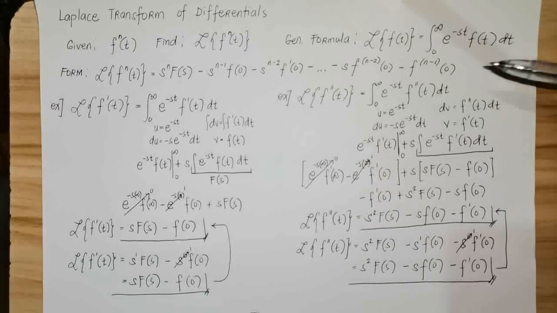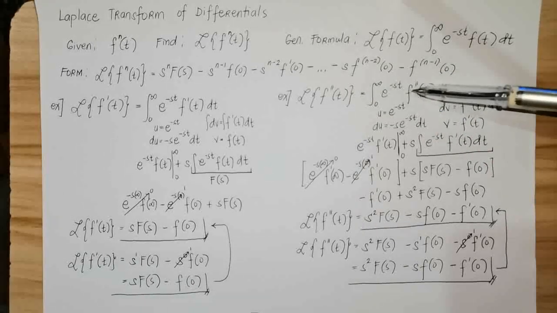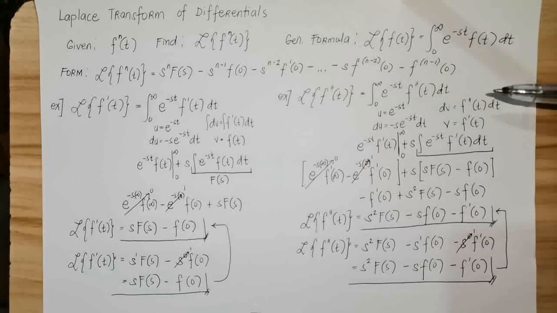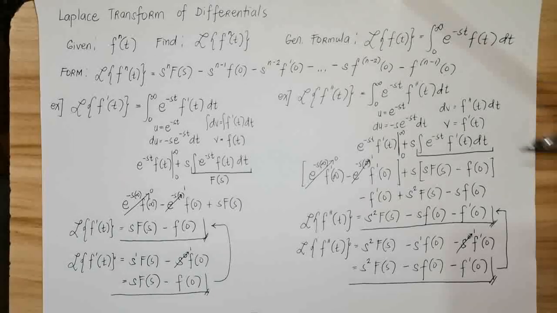So again, you may solve this using the long method, which is the general formula, or you may solve that using the shortcut formula if you understand the shortcut formula. Okay, so that's for the derivation of the Laplace transform of the first and the second derivative.